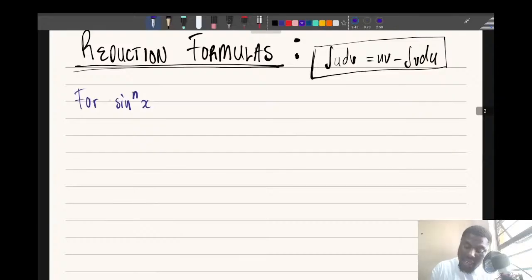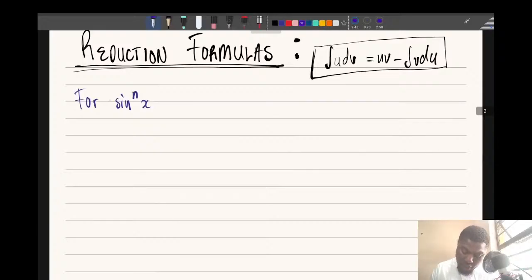So this means that it is sine to the n minus 1 of x. With that's du. So now we will say du dx is going to be, what would it be?